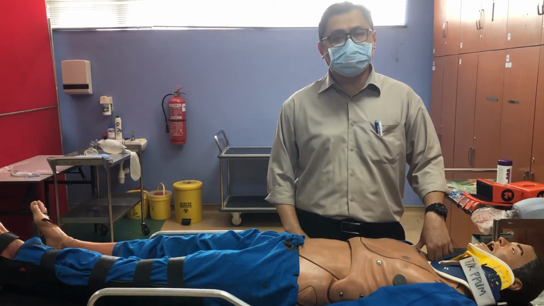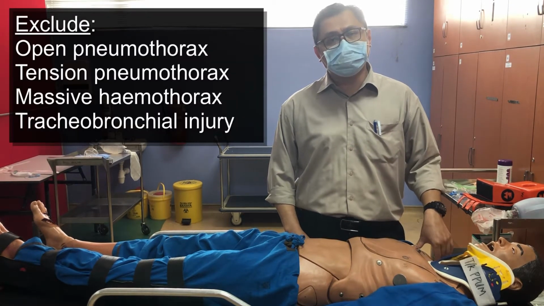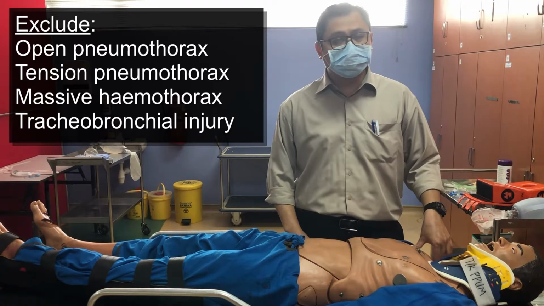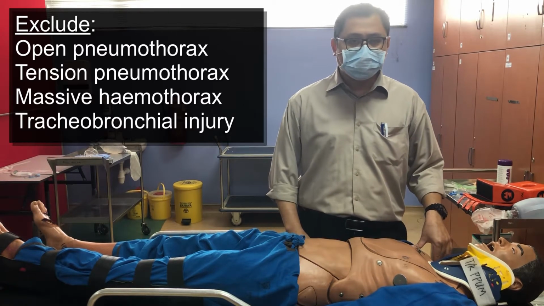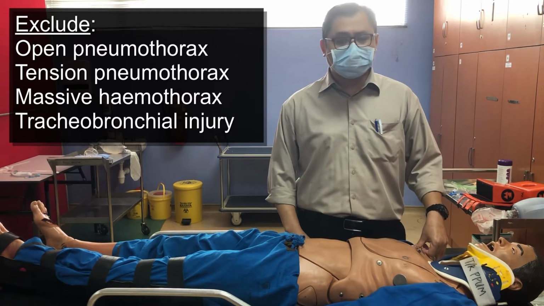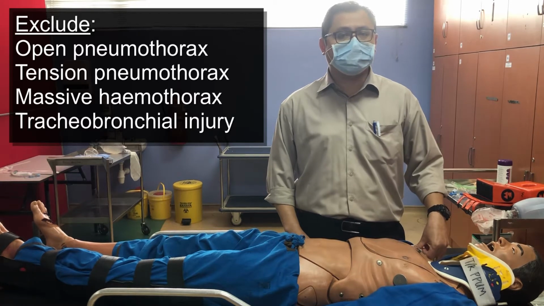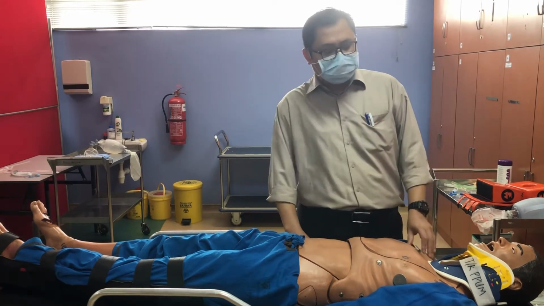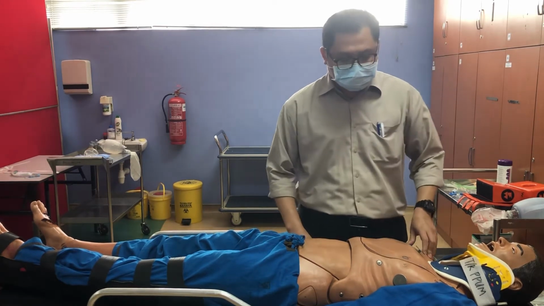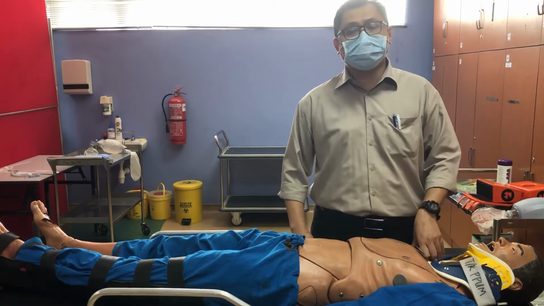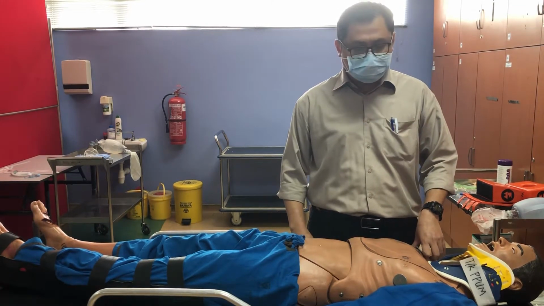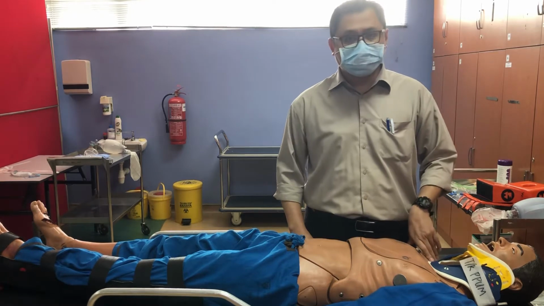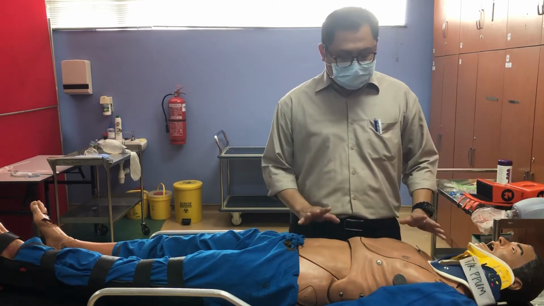First is tension pneumothorax, second is open pneumothorax, third is massive hemothorax, and fourth is tracheobronchial injury. Okay, so I proceed with the breathing assessment. I will start with the tension pneumothorax assessment. Okay, this is your patient.